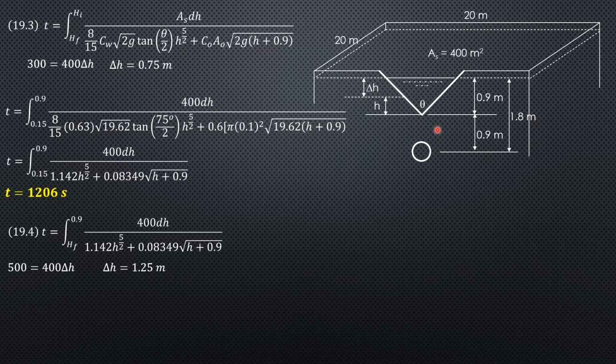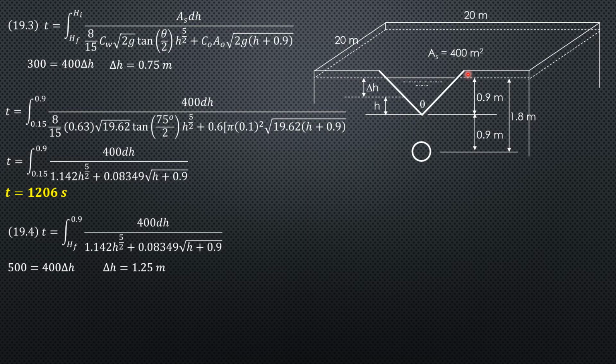And based on the figure, at that time when the head is 0.9, the weir no longer operates. There's no more discharge over the weir. So the analysis would be, we'll first determine the time it takes for the water surface to drop to the vertex or apex of the weir, because in this situation both the weir and the orifice are open.